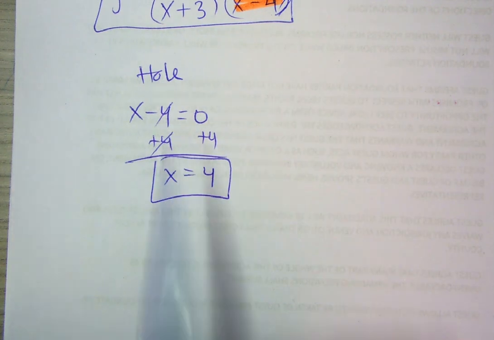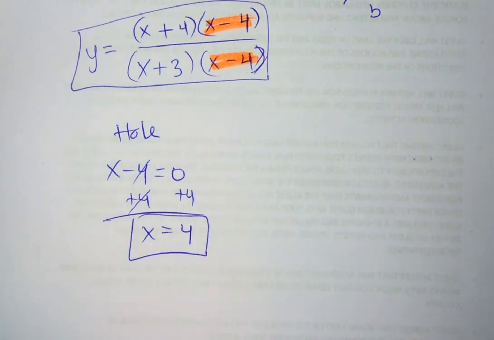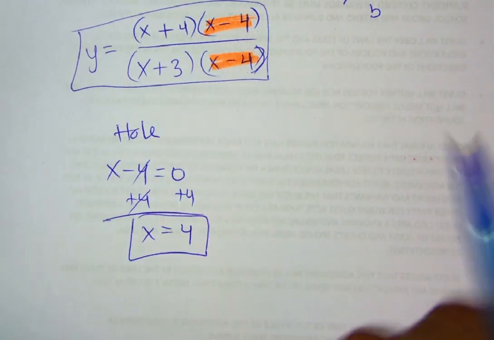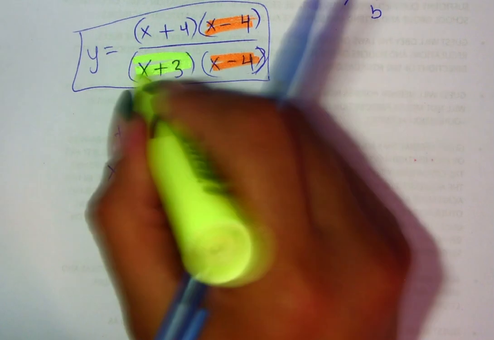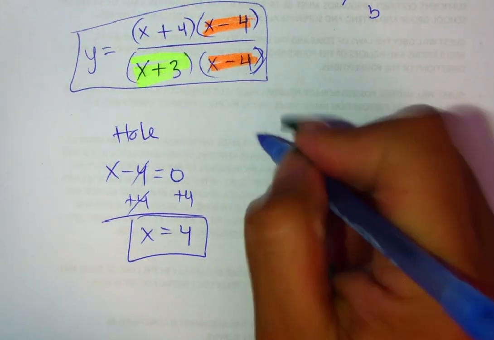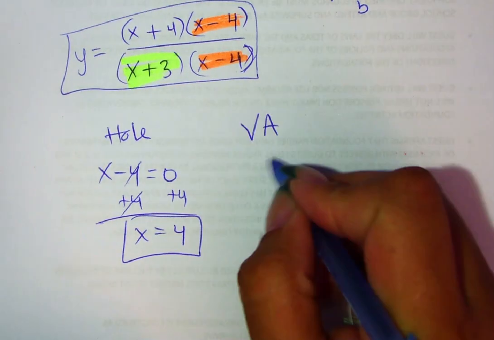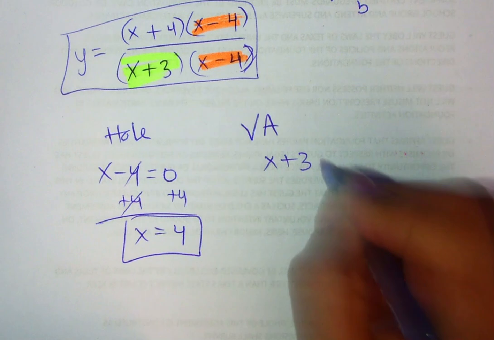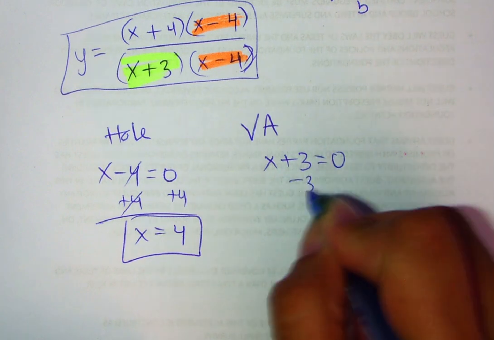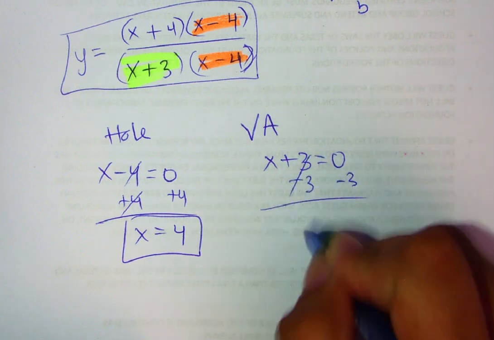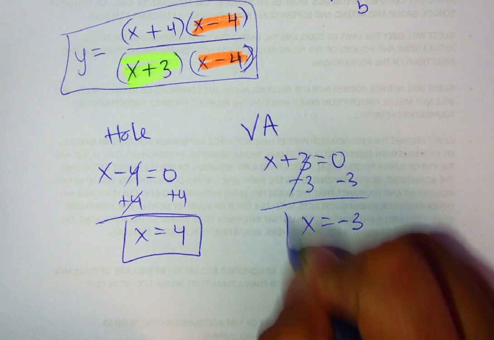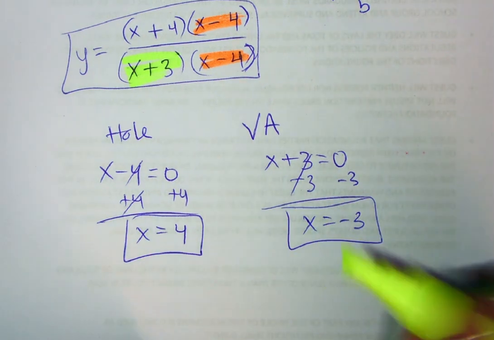That's where the hole will be at. And the remaining factor in the denominator will give you the VA, the vertical asymptote. So we solve it as well with inverse operations. x equals negative 3, and this will be your VA.